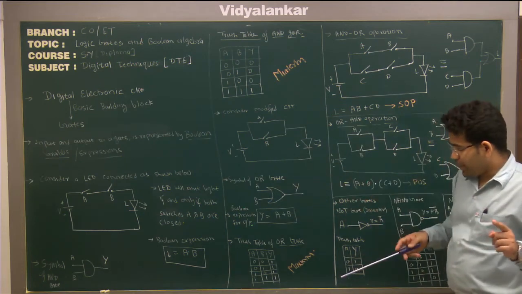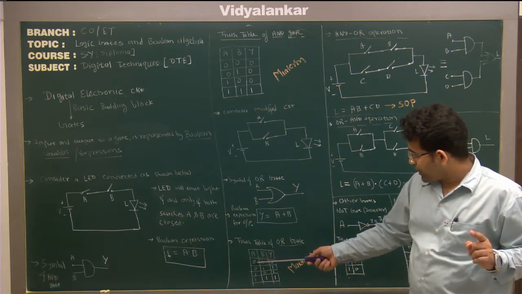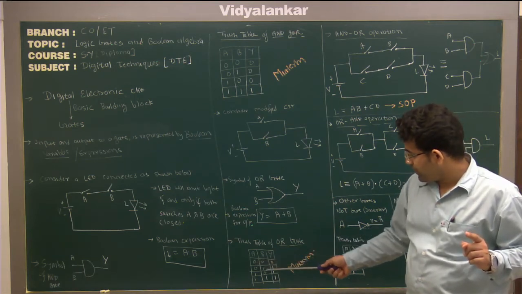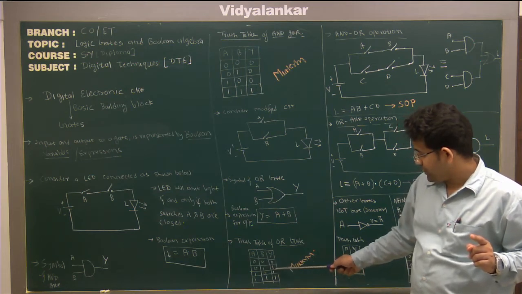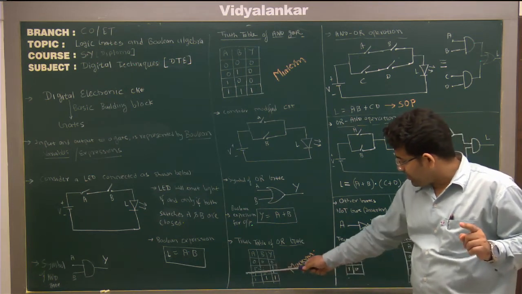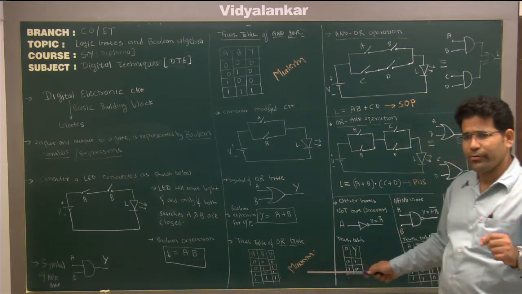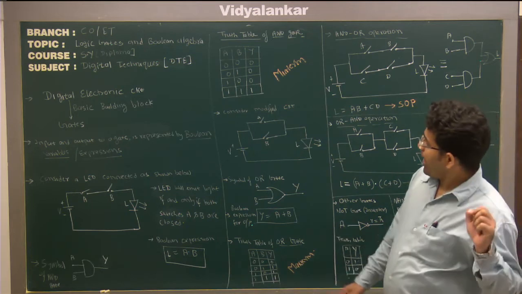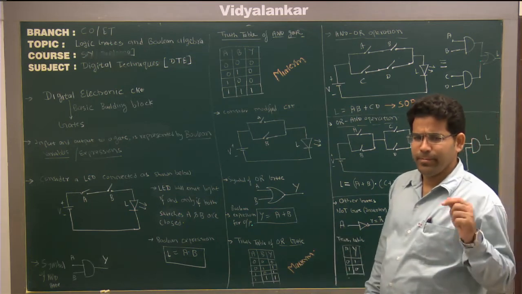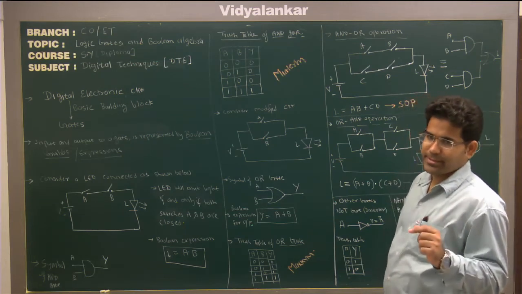In contrast to that, if you see truth table of OR gate, here you can see output is 1 thrice. So maximum number of input combination gives you one output. So it is known as max term. So output of AND gate is known as min term. Output of OR gate is known as max term.